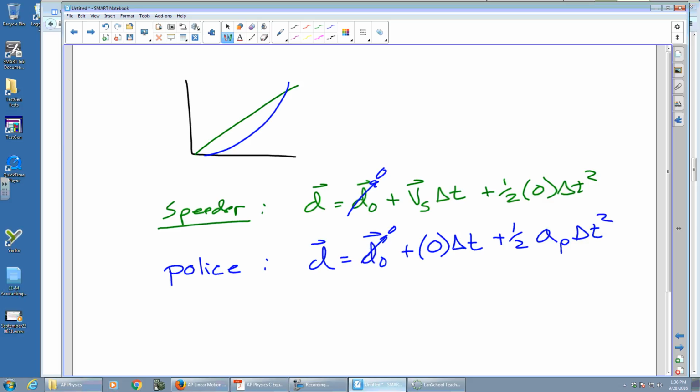And actually, this should be delta t of the police, and this should be delta t of the speeder, because they travel for different amounts of time, right? So we know that delta t of the speeder plus 1 second equals delta t of the police.